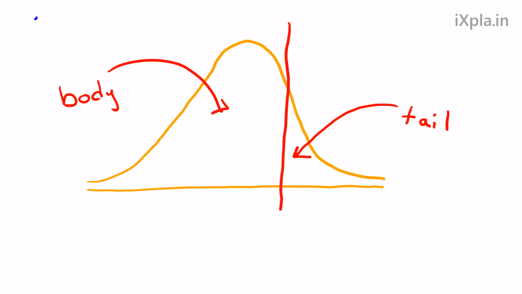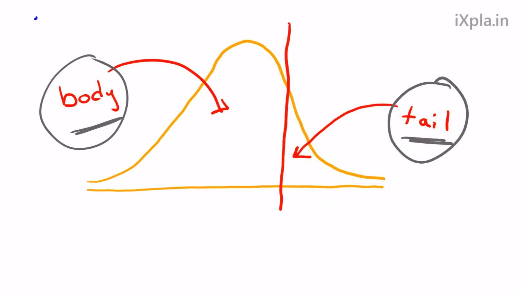These two terms, tail and body, are terms that you're going to have to learn how to apply to different normal curves so that you can do the homework assignments that are going to be coming up. So the thing to remember here is that whenever you cut a curve into two pieces, the smaller of the two pieces we're going to call the tail, and the larger of the two pieces we're going to call the body.